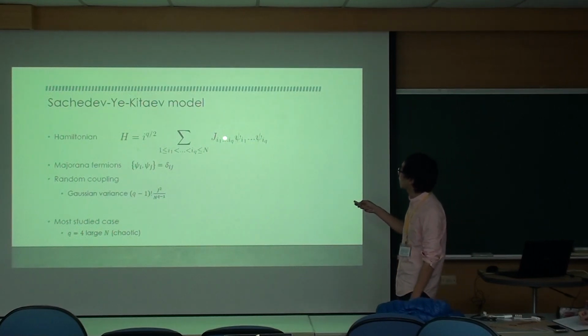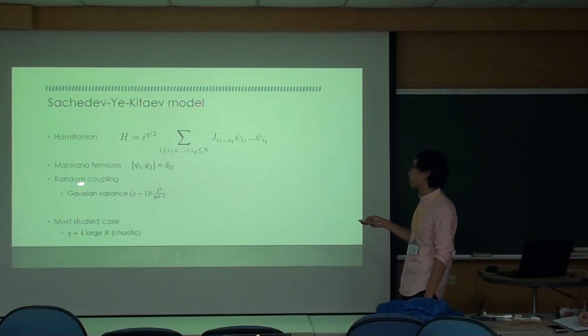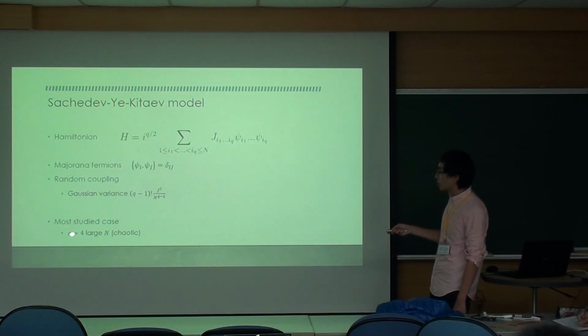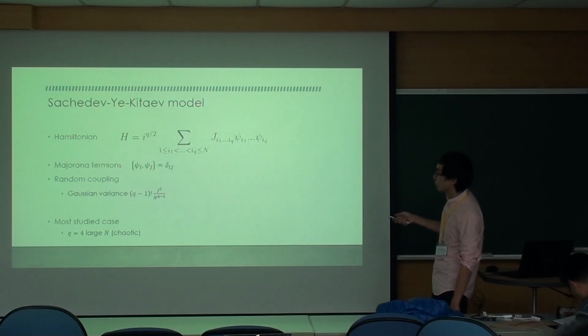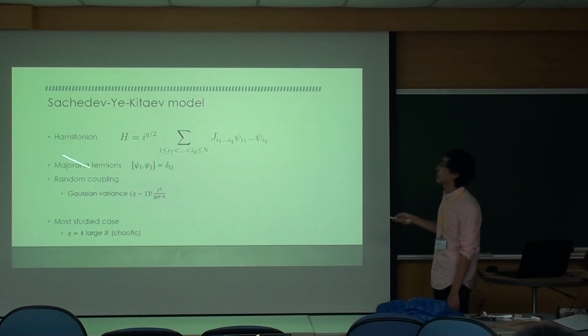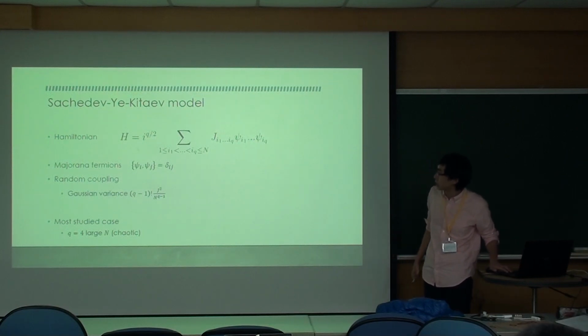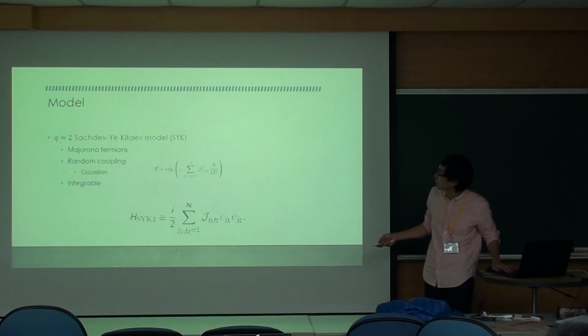The coupling J_{i1...iq} is sampled from some Gaussian distribution with this variance. With q equals 4, and at large N, people can solve analytically that this system is chaotic. But we would like to look at an even simpler system than q equal to 4.